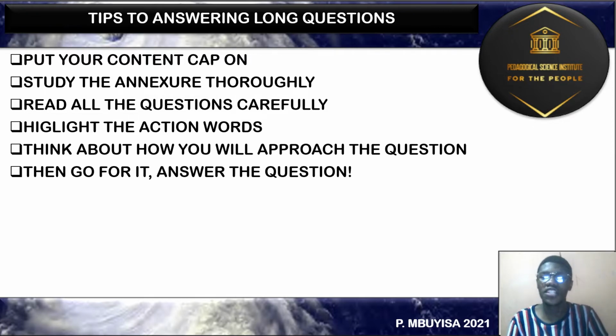Read all the questions carefully. Highlight action words. Do they want you to define? Do they want you to explain? Do they want you to account, describe, draw, illustrate, demonstrate? Look at those action words. What do they want from the question? Also take note of the mark allocation.